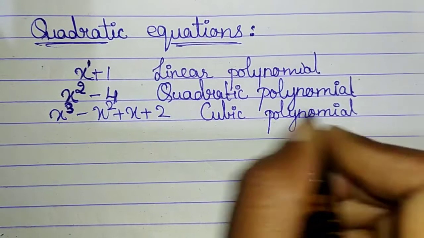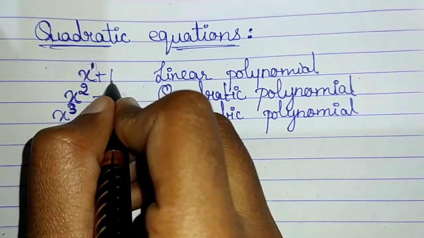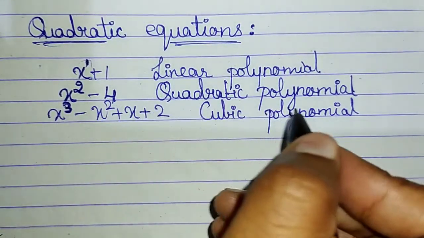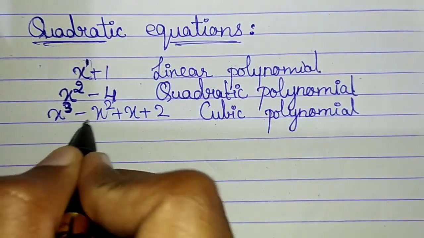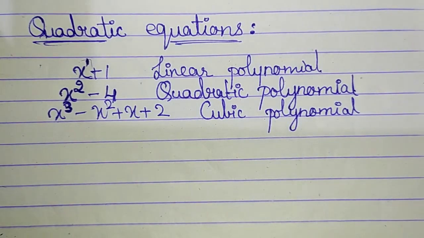And when we equate these polynomials to 0, say for example, x plus 1 is equal to 0 or x square minus 4 is equal to 0 or x cube minus x square plus x plus 2 is equal to 0, we get what we call equations.